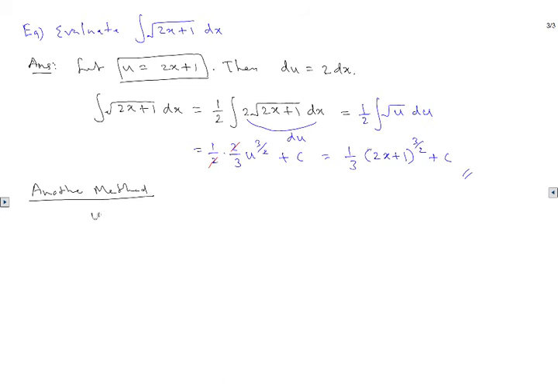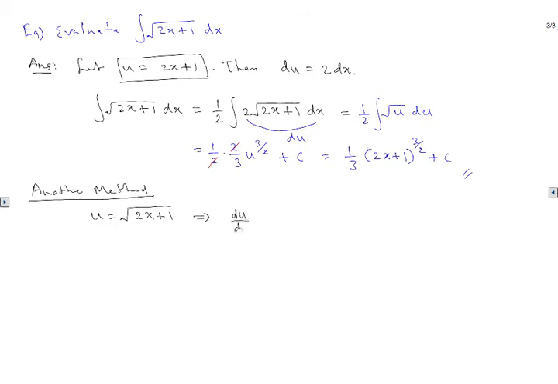How about you pick u equal the whole thing inside, just the whole everything. So then what is the derivative? What's going to happen? You have to use the chain rule.